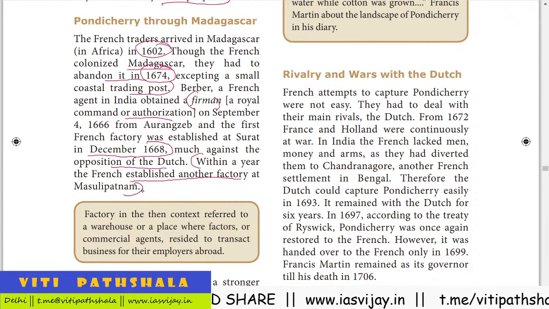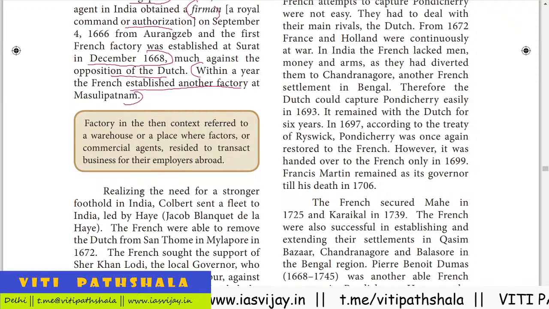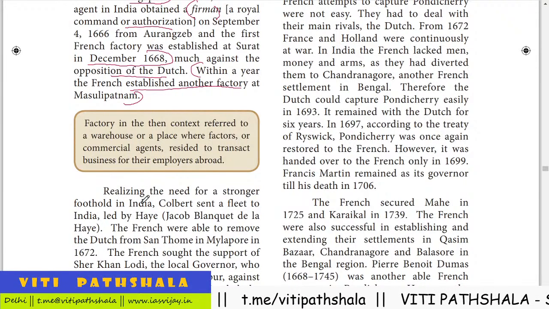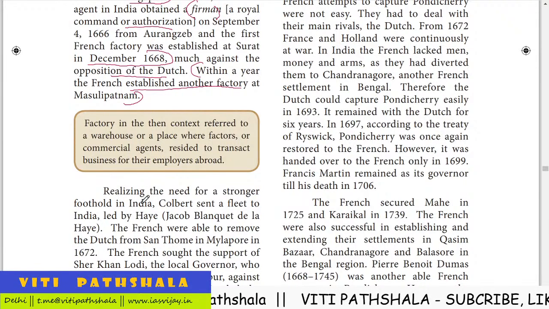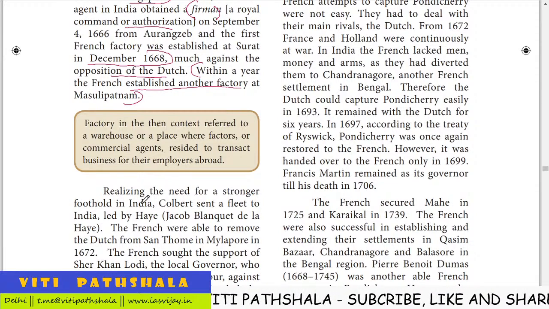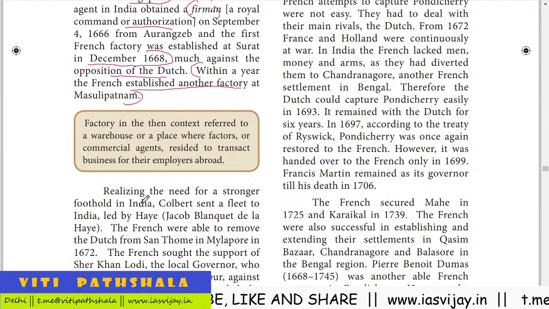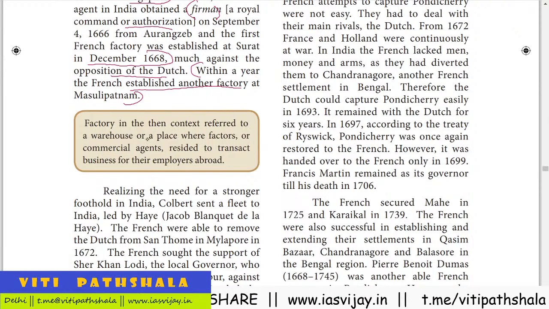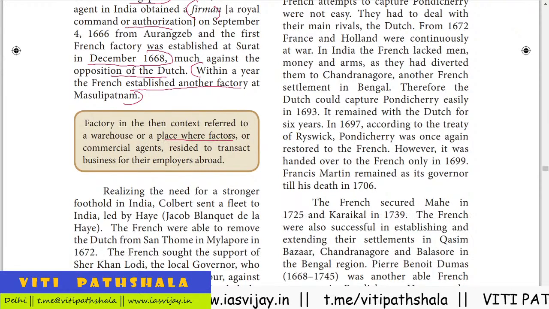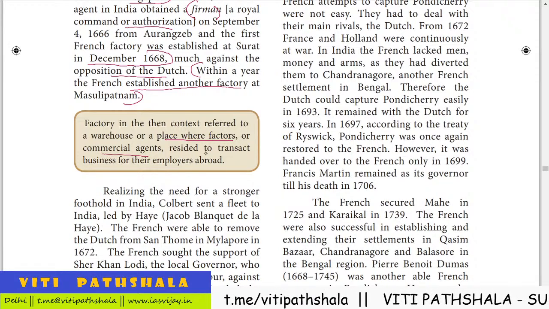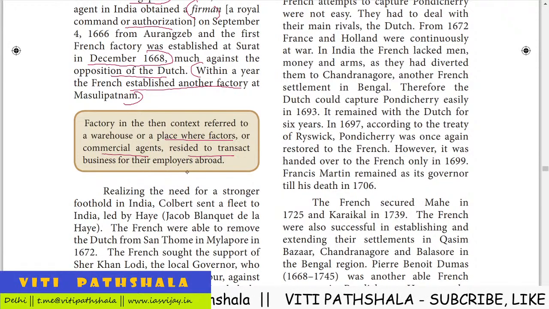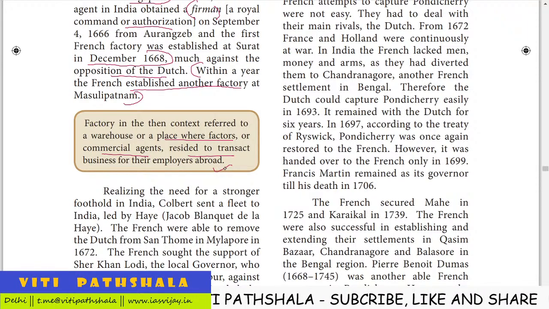Now, factories in the then context refer to the warehouse or a place where the factors or the commercial agents resided to transact the business for their employers abroad.